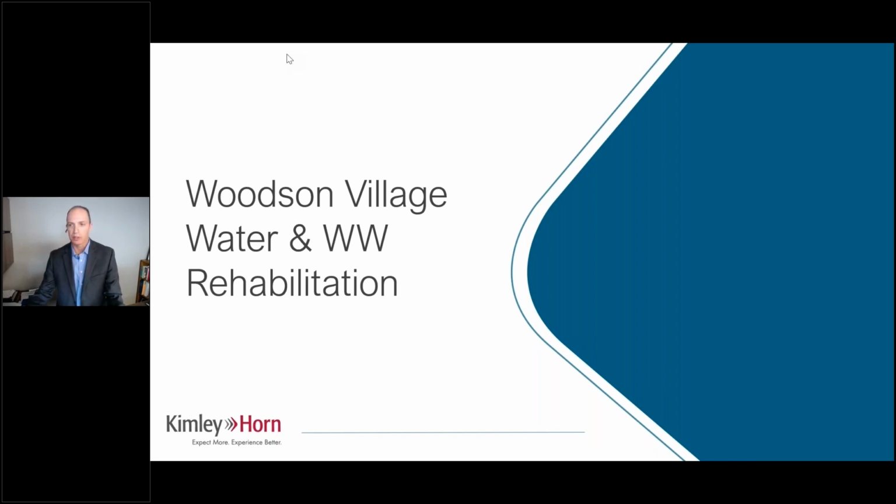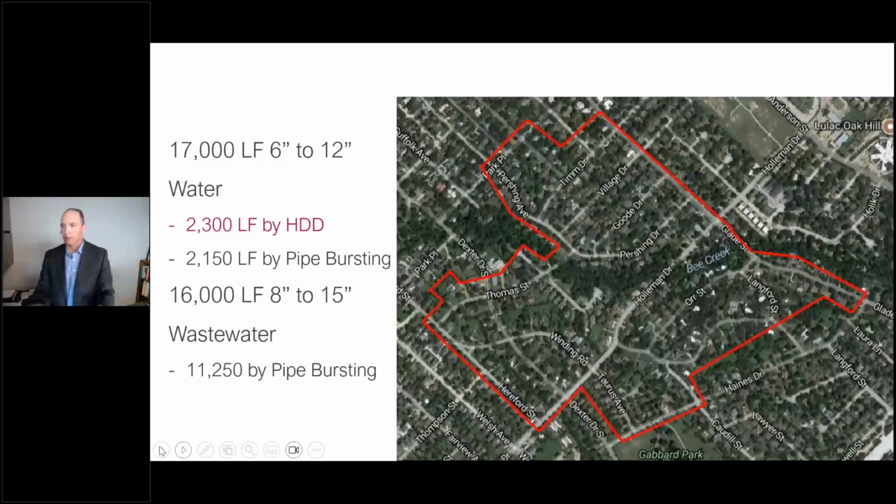So this is the Woodson Village Water and Wastewater Rehabilitation Project, just a neighborhood replacement of water mains and wastewater mains that were constructed in the 1950s, and it's time for replacement. And so you can see the aerial image of the neighborhood outlined there in red.